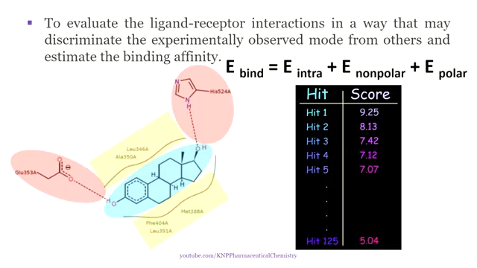Here is the equation based upon which the docking score will be identified. E-bind can be called the docking score, which is the summation of the energy of intramolecular forces, non-polar forces and polar forces.